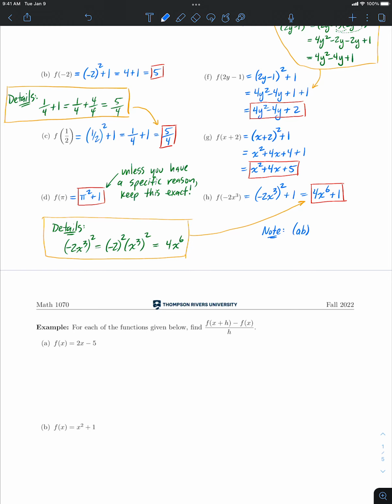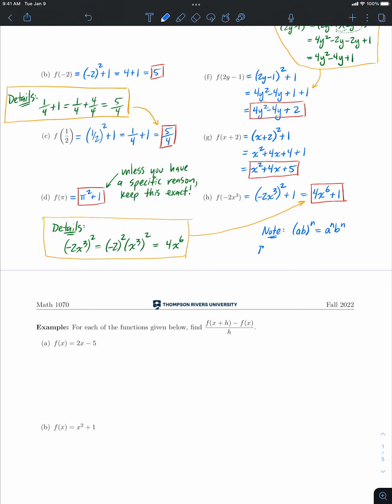If I have two real numbers, a and b, and I raise that product to the power of n, that's the same as if I raise a to the power of n and b to the power of n, and then multiply the two results. That's the property we used here, with a equal to negative 2, b equal to x cubed, and n equal to 2.